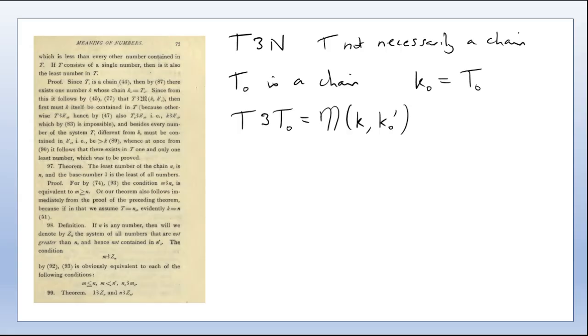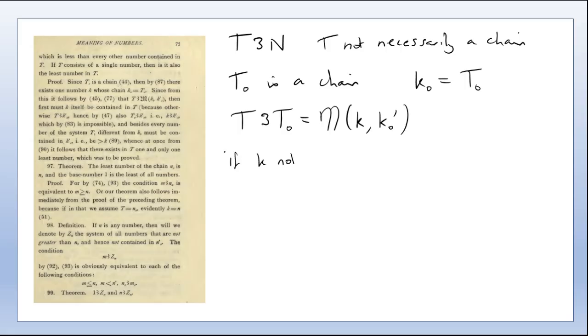Then first K itself must be contained in T. Okay, so why is that? It follows that T must, because otherwise T would be contained in the transform chain of K, and hence by 47 also the transform chain. Aha, right, okay.